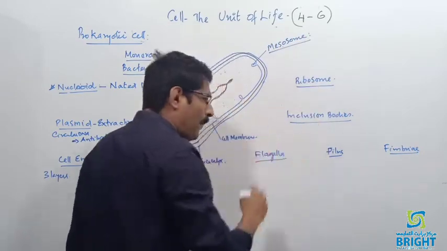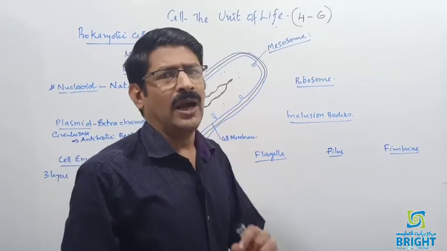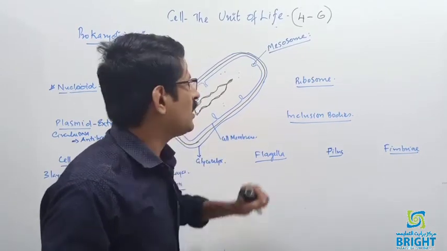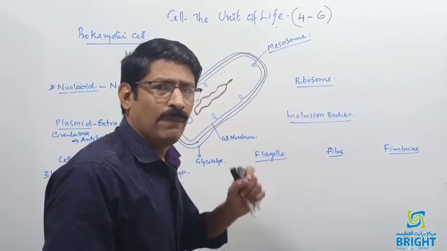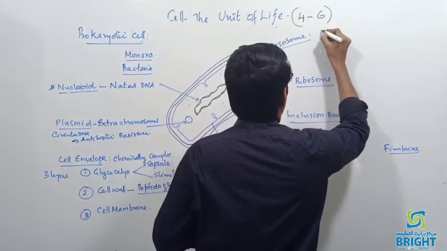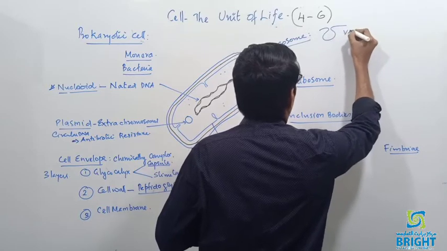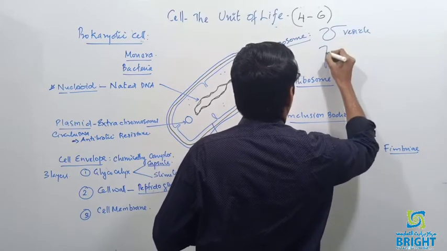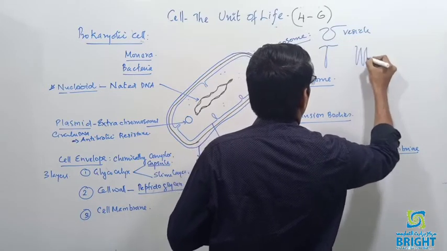Mesosomes are very important for the bacterial cell, and mostly the questions are asked on the mesosomal part. Mesosomes are of 3 different types: vesicular, tubular, or lamellar.